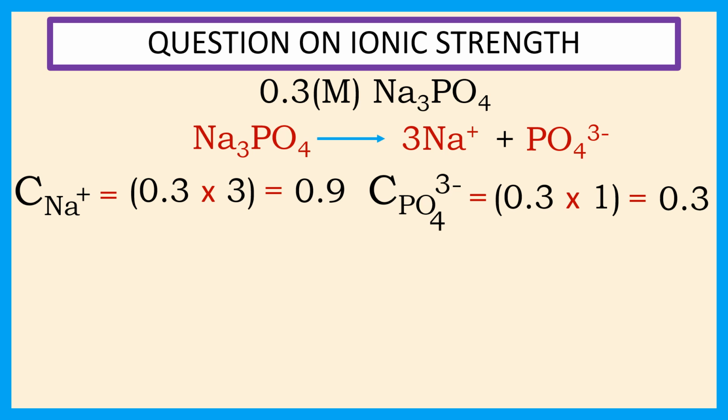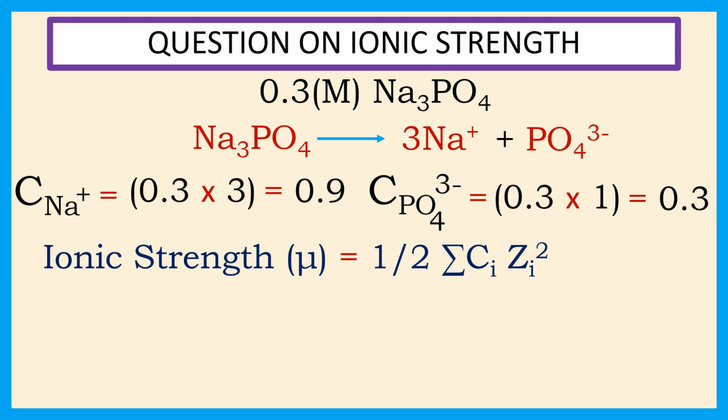We know that ionic strength mu is equal to 1 by 2 summation of Ci Zi squared, where C is the concentration and Z is the valency of the ion.